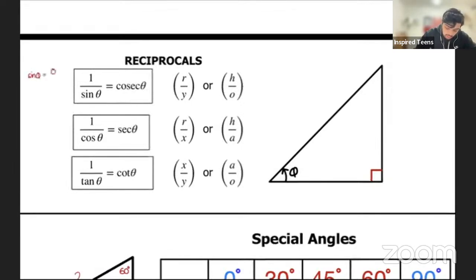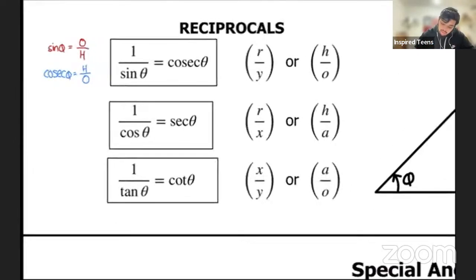While sine theta is equal to opposite over hypotenuse, cosec theta, which is its reciprocal, would be equal to hypotenuse over opposite. It's 1 over that, so it flips. This is what we call the reciprocal of sine. If cos theta is adjacent over hypotenuse, then sec theta, the reciprocal of cos theta, is hypotenuse over adjacent.